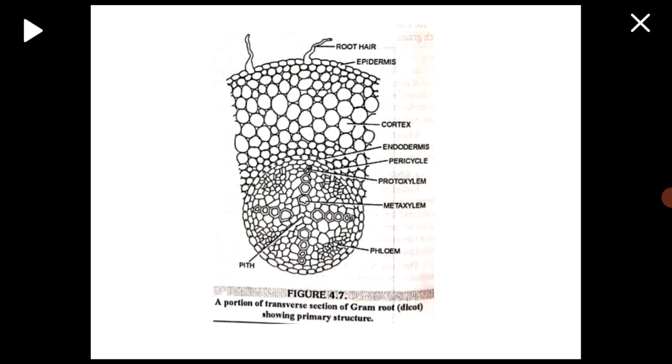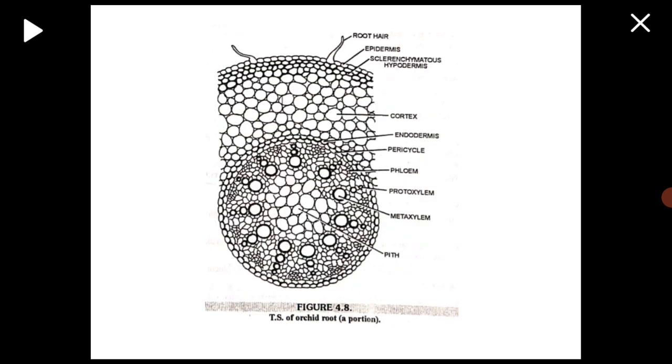The xylem is exarch, that is, protoxylem faces towards the outer side or periphery. In case of dicot roots, the number of xylem strands is less than 8, whereas in monocot roots they are more than 8, usually 8 to 20.